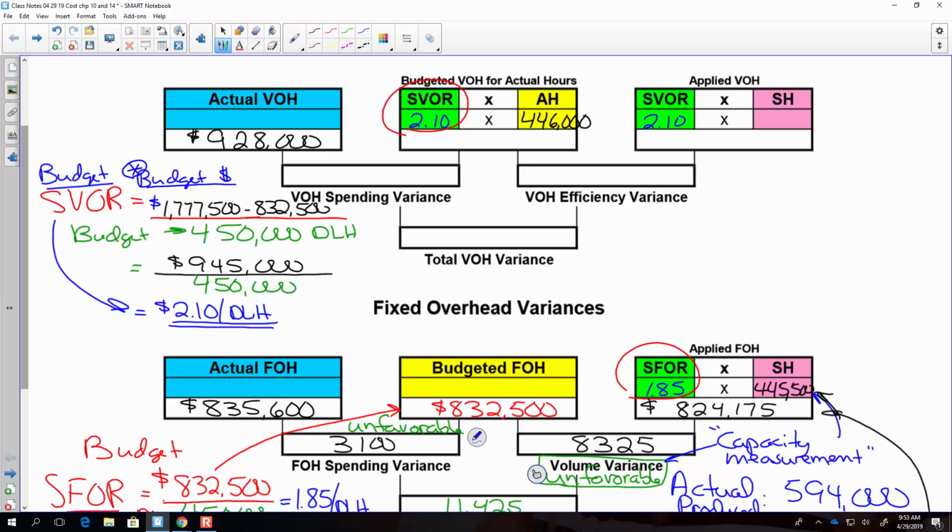SH is also the same as we have computed in our fixed. 445,500. Polly, do you have the amounts here? That's the middle box. $936,636.